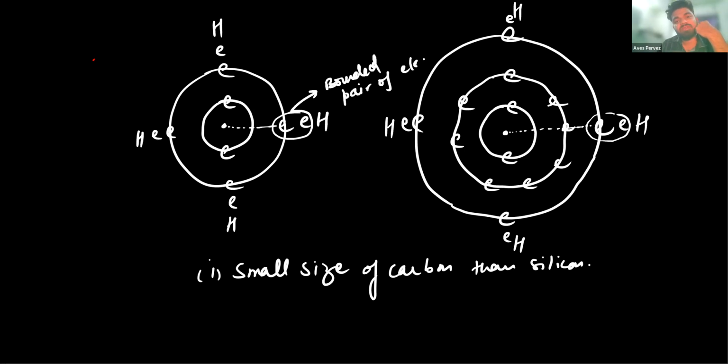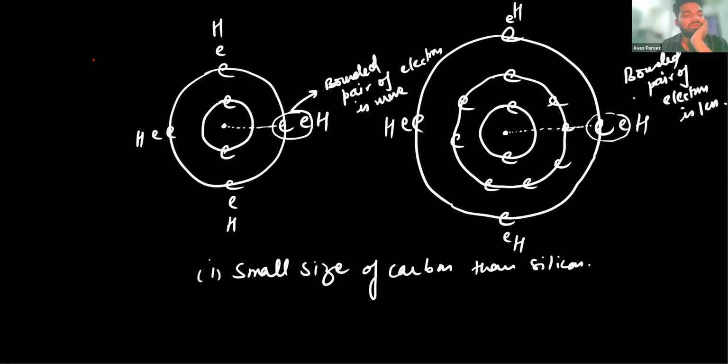Here, the effective nuclear force of attraction on the bonded pair of electrons is more compared to here, where the effective nuclear force on the bonded pair of electrons is less.